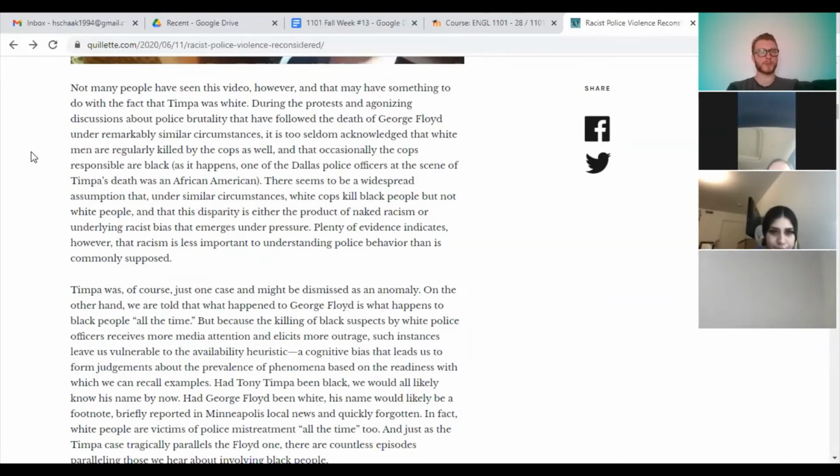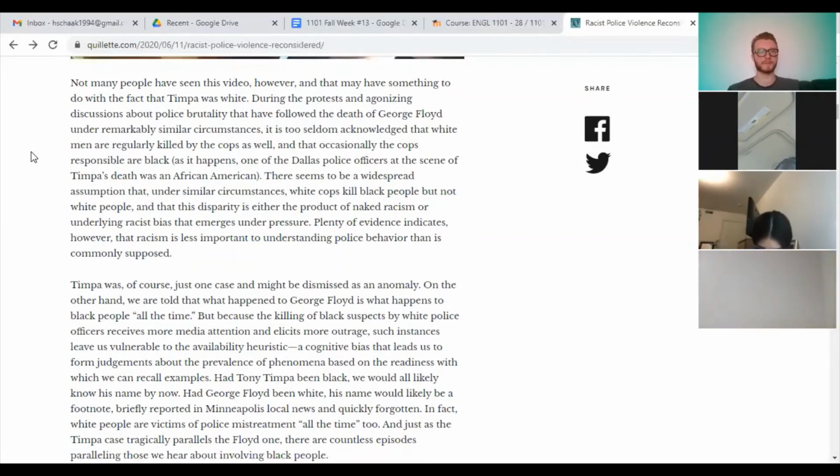There seem to be widespread assumptions that, under similar circumstances, white cops kill black people but not white people, and that this disparity is either a product of naked racism or underlying racist bias that's emerged under pressure. Plenty of evidence indicates, however, that racism is less important to understanding police behavior than is commonly supposed.